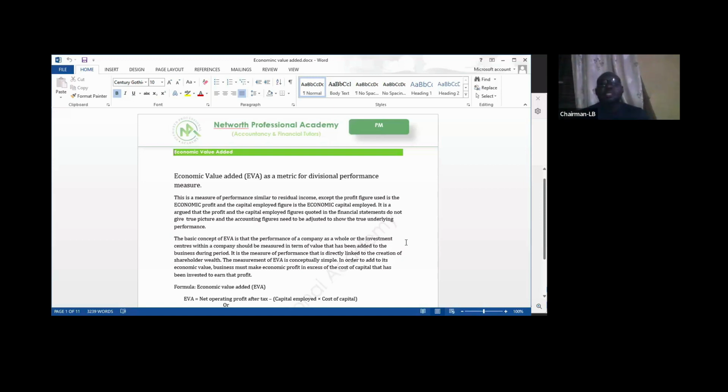Precisely tonight, we want to look at economic value added as a metric for divisional performance. Let me quickly say that economic value added is also a financial performance measure. What is economic value added?